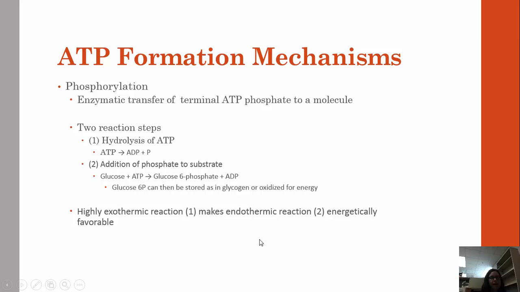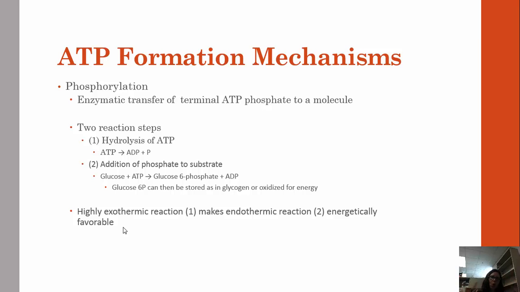So the breaking off of ATP into ADP plus phosphate is a highly exothermic reaction, which means it's downhill energetically. It just wants to happen, you could say. It's going from a state that contains a high energy bond, and then we break it, and then we create a lot of energy.